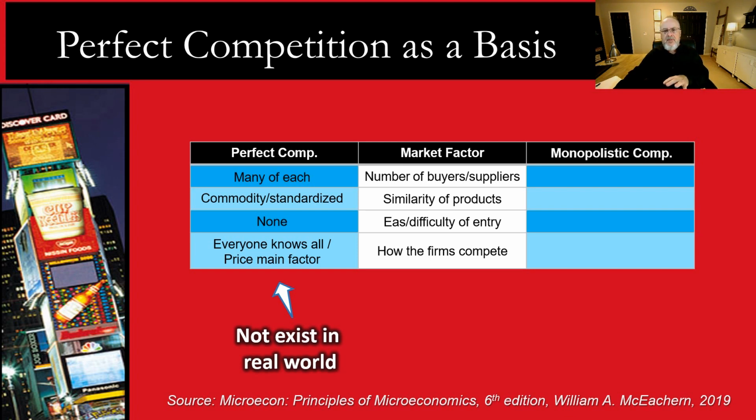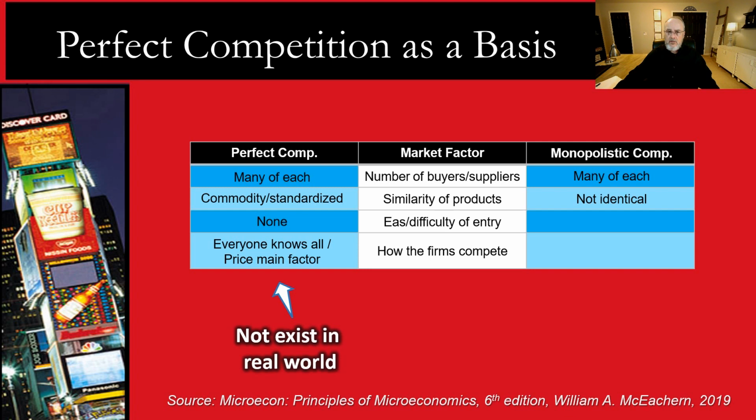Now let's look at monopolistically competitive firms. Let's look at monopolistic competition as compared to perfect competition to see what the differences are. We've got number of suppliers, we've got many of each, right? So we still have that similarity, a bunch of buyers and a bunch of suppliers. In terms of similarity of product, they're not identical, and this is where the differences really start to show up.